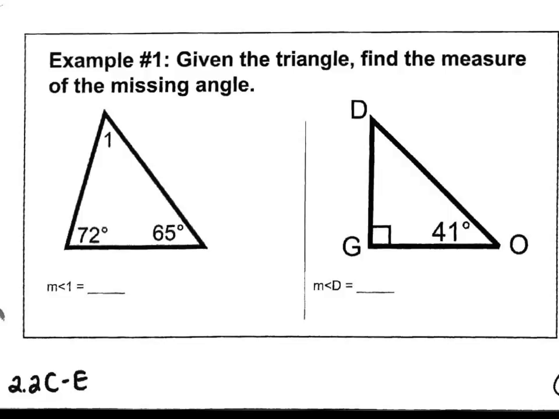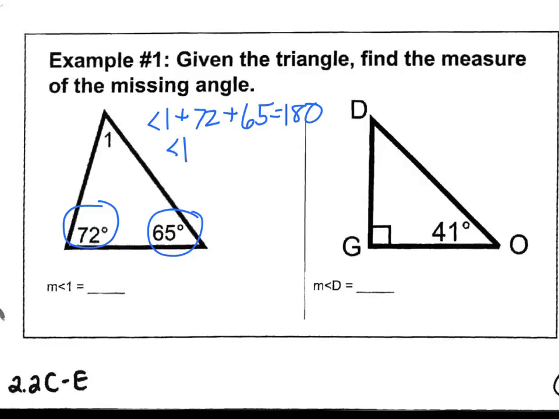So if I look at the examples, they want me to find the missing angle given the other two angles. So again, I know that angle 1 plus angle 2, which is 72 degrees, plus angle 3, which is 65 degrees, has to equal 180 degrees. So angle 1 plus 137, which I get from combining my like terms, is going to be equal to 180.